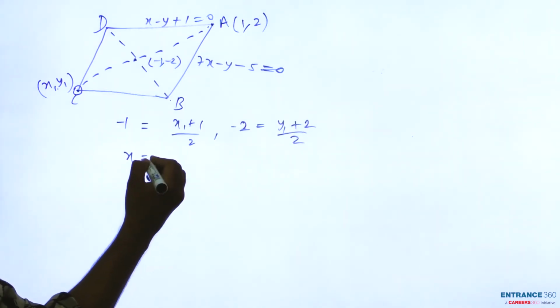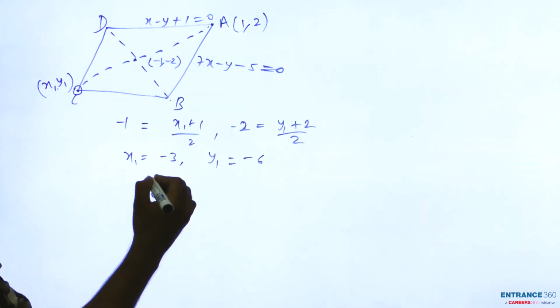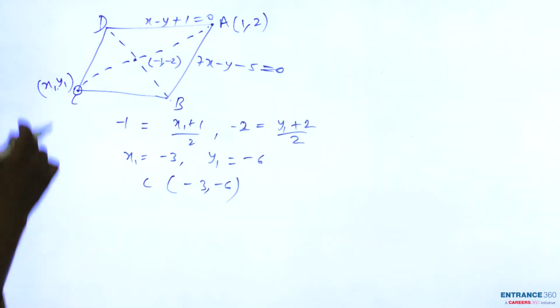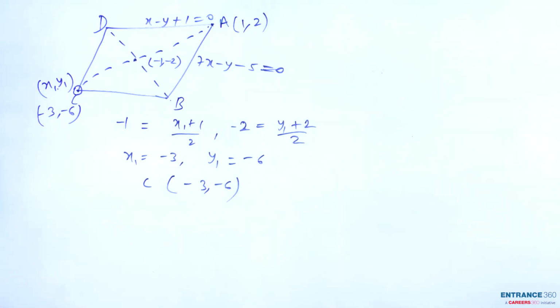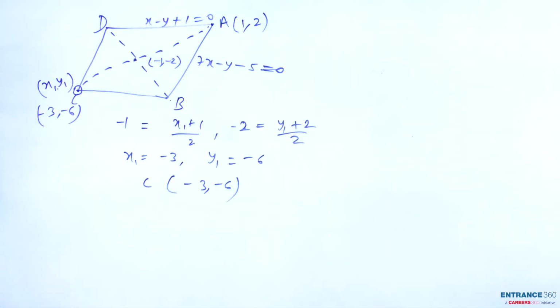Then x1 would be minus 3 and y1 would be minus 6. So C is (minus 3, minus 6). Further, you can find D and B.